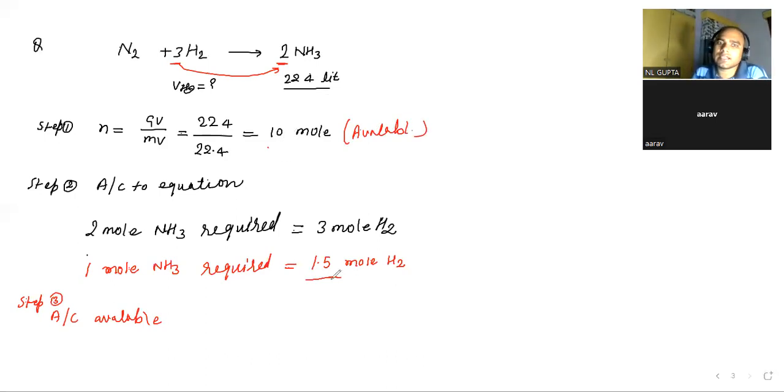So according to the available mole, let's see how much is coming. According to the available mole, that is 10 mole, NH3 required 10 mole.